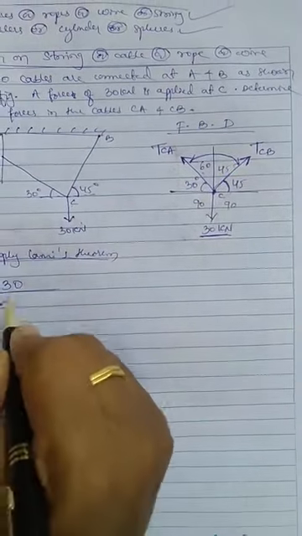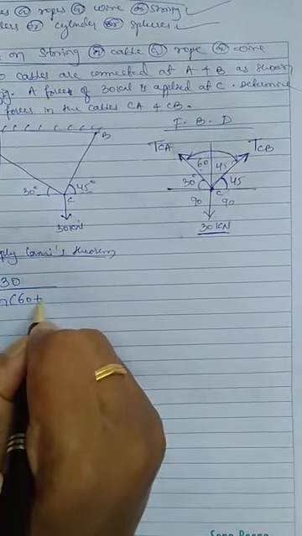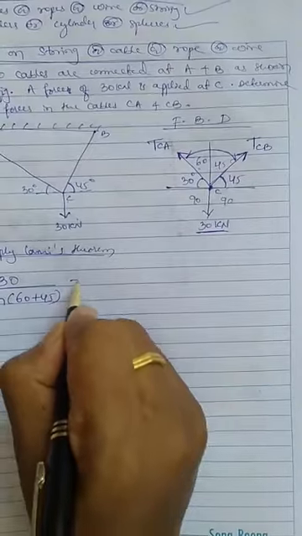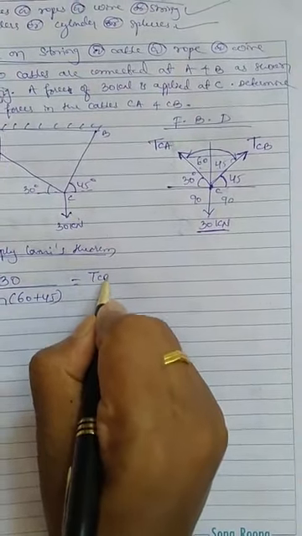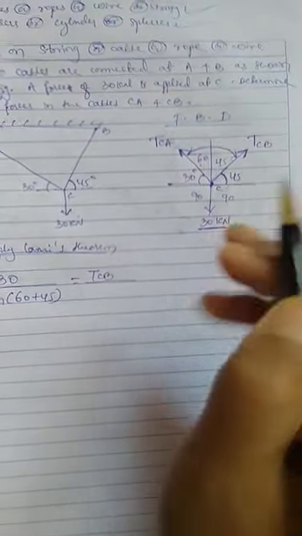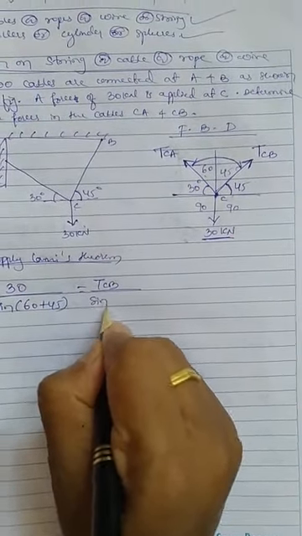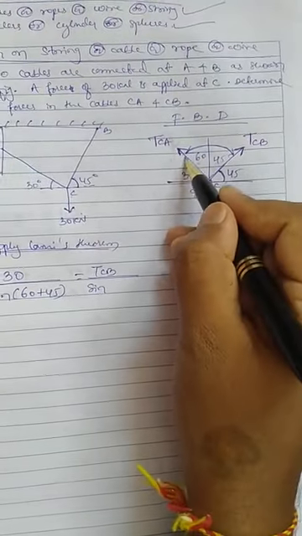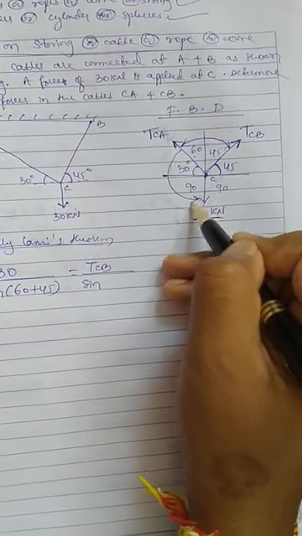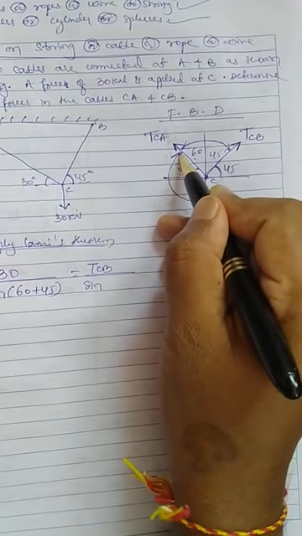What is the angle between these two? 60 plus 45. Now we consider the force TCB divided by sine of the angle between the opposite two forces. When I consider TCB, the opposite two forces are TCA and 30.